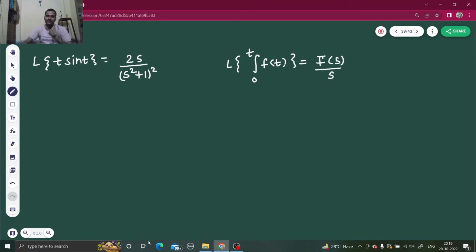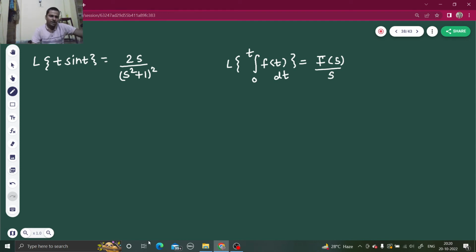If you are integrating once, just divide by s. If you are integrating twice, divide by s square. If you are integrating thrice, divide by s cube. Depending on the number of times you integrate, that number comes in the power of s.